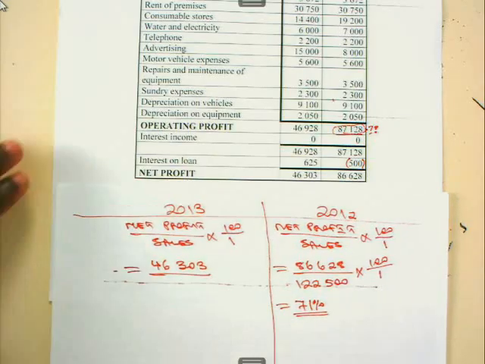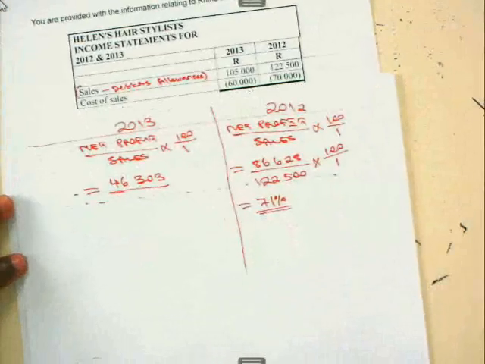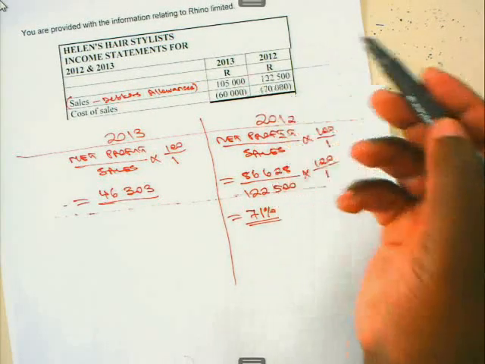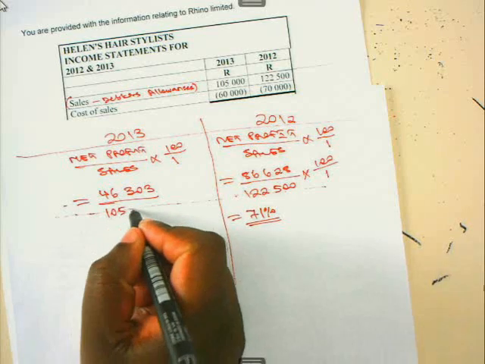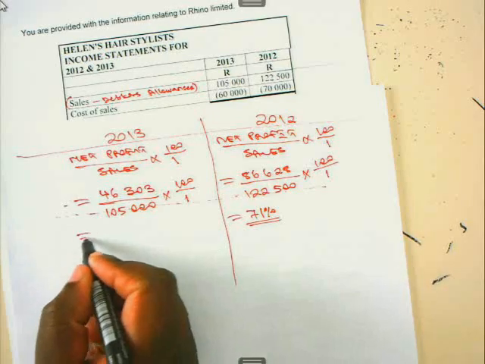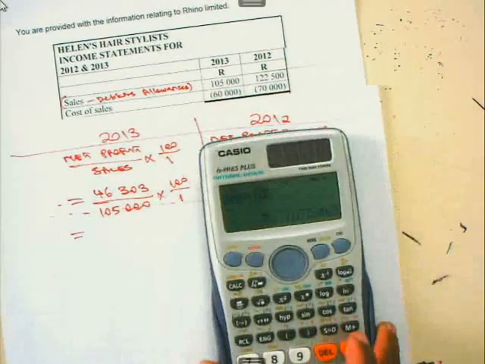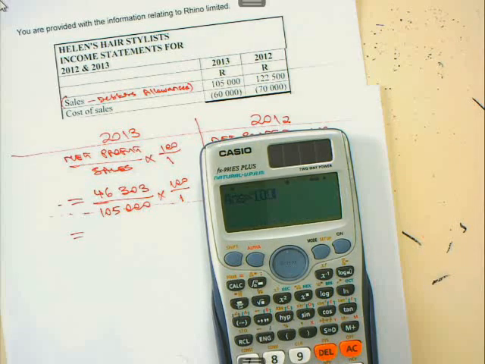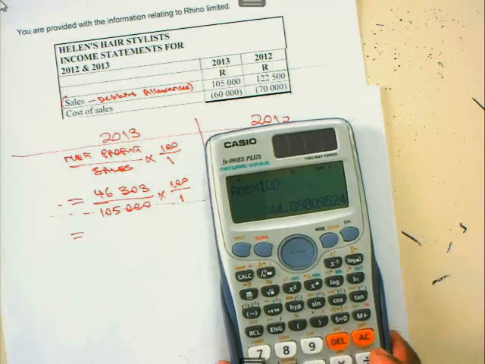Then we are going to divide by the sales of 2013 because we are now in 2013. The sales for 2013 amounts to 105,000. We will multiply that by 100 over 1, which will be 46,303 divided by our sales of 105,000, multiplied by 100 over 1. It gives us 44%.